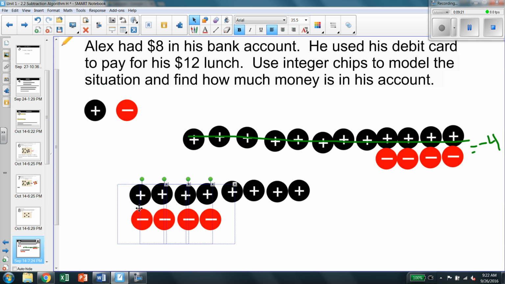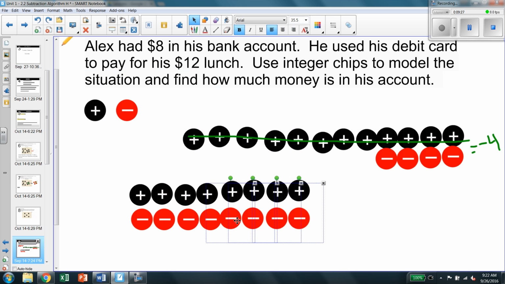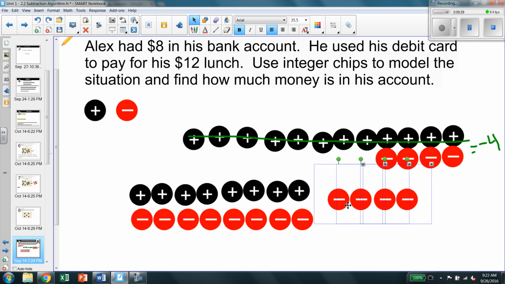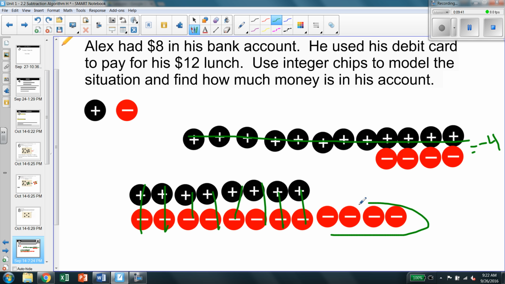So 4 that he's spending, 8 that he's spending, 12 that he's spending. And if we do it this way, we're doing it with 0 pairs, so cross these ones out. And same thing, we get the same result of negative 4.